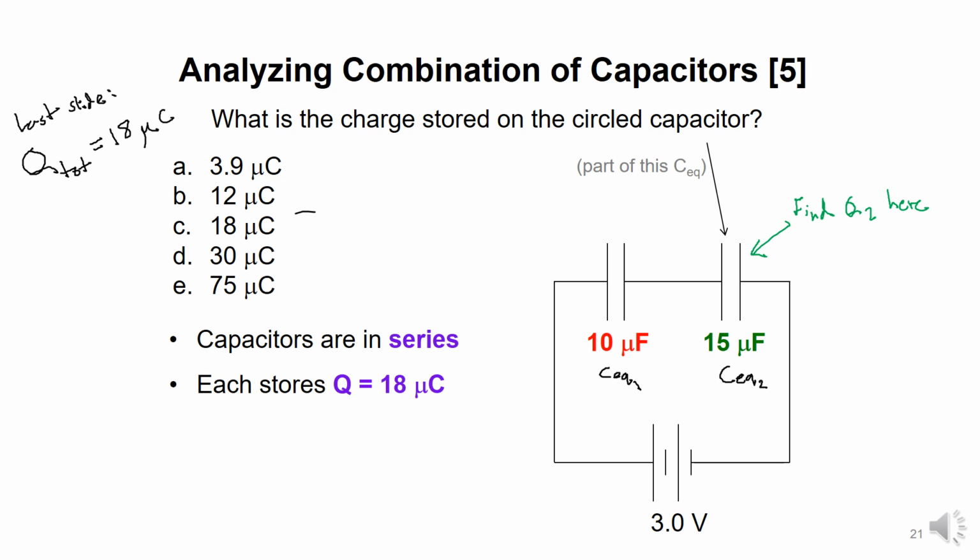Okay, so you can go back a few slides. We talked about capacitors in series, and we established that because all capacitors have the same current flowing through them as they get charged, they end up with the same charge as long as they're in series. So each capacitor here, the 10 and the 15 microfarad, will have a charge of 18 microcoulomb.